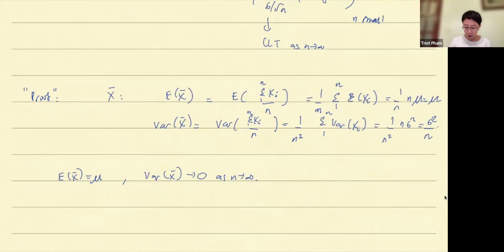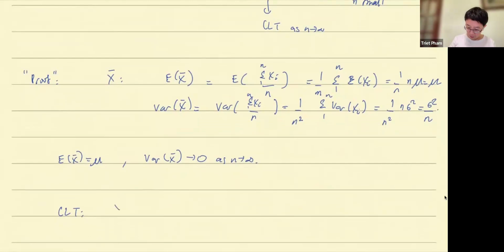Now, when it comes to the central limit theorem, the way to do it is as follows. Take X bar minus mu over sigma over root n. First of all, let's take a look at this. This is the sum of xi over n, minus mu, divided by sigma over root n.